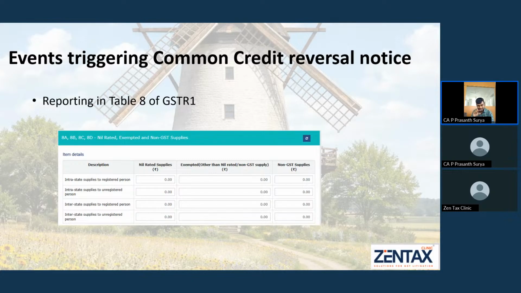Please see if there is any figure in table 8, and ask for a breakup of that figure. If that figure forms part of exempt supply, then they should have done a common credit reversal. So please be aware, if there is reporting in table 8 of GSTR 1, then common credit reversal will be mandatory.